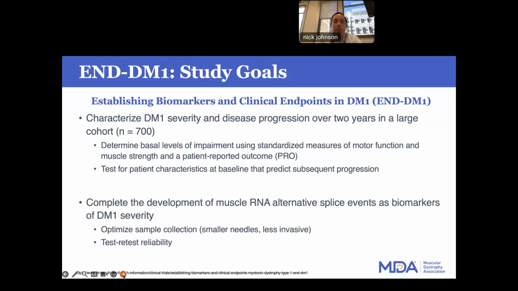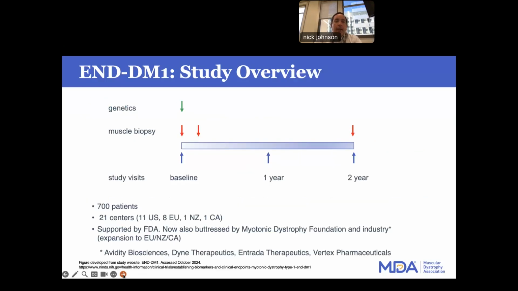And then we also seek to develop a muscle RNA alternative splicing event as a biomarker of severity. And this is a schematic showing the NDM1 study overview. So, pretty simple and certainly supported by multiple different industry partners, as well as the FDA, the Myotonic Dystrophy Foundation, and the MDA.